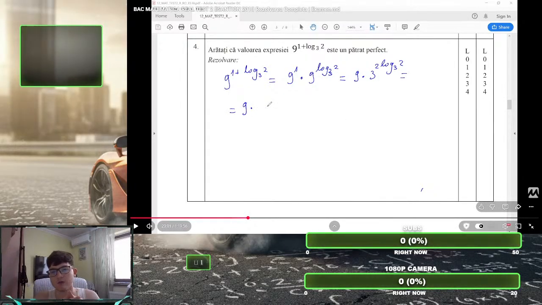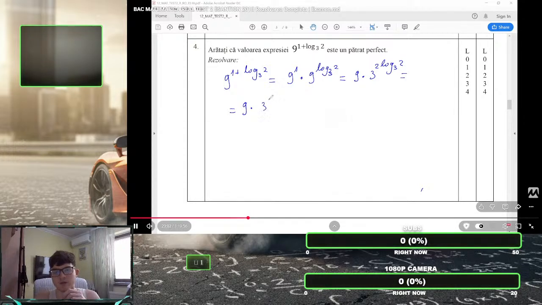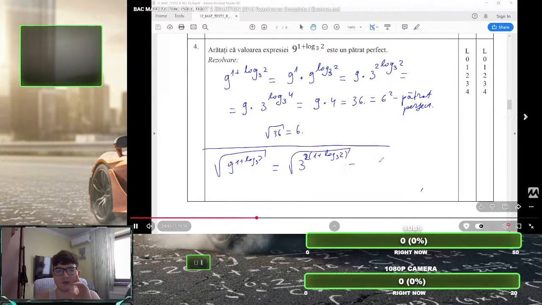And now it's just going to pop the 2 right there in front of log 3. You're going to pop it to the power of 2, so it's going to be 36, because it's 9 times 4. You simplify that, and you'll have 36, and that is indeed a perfect square, as shown here, and we'll go to the next exercise now.